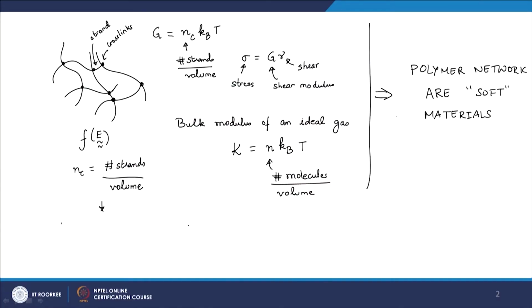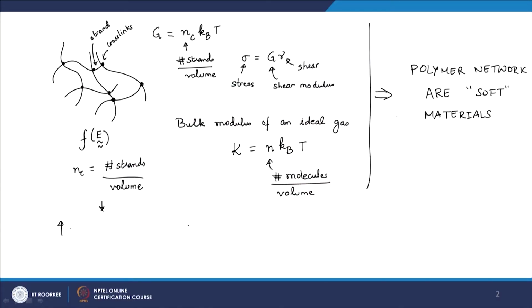If I apply even a little amount of stress, it will deform. In fact, if I want to increase the modulus, one way is that I can increase the number of cross links. The more cross links I am going to have, the more stiff the network will become. And so the cross link density in some sense is a measure of the elasticity.